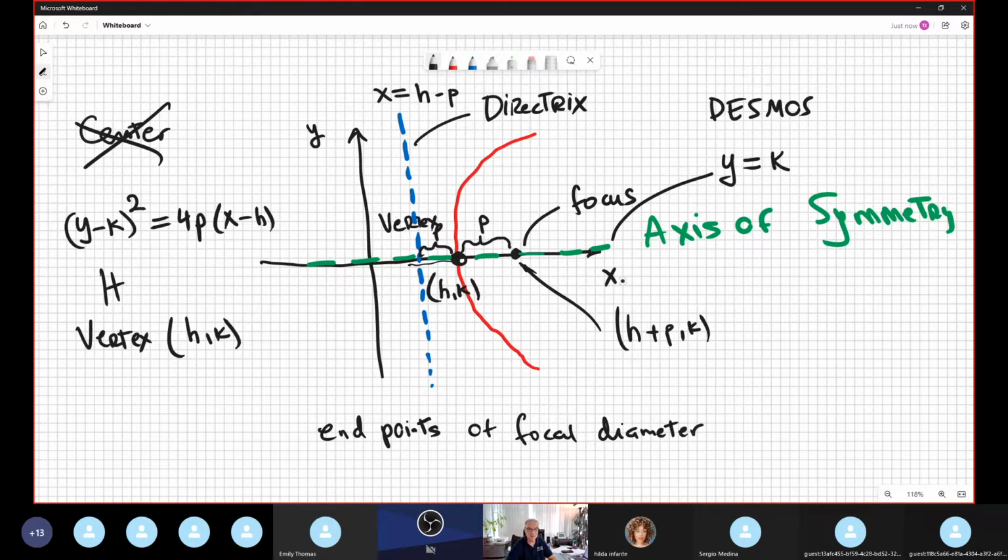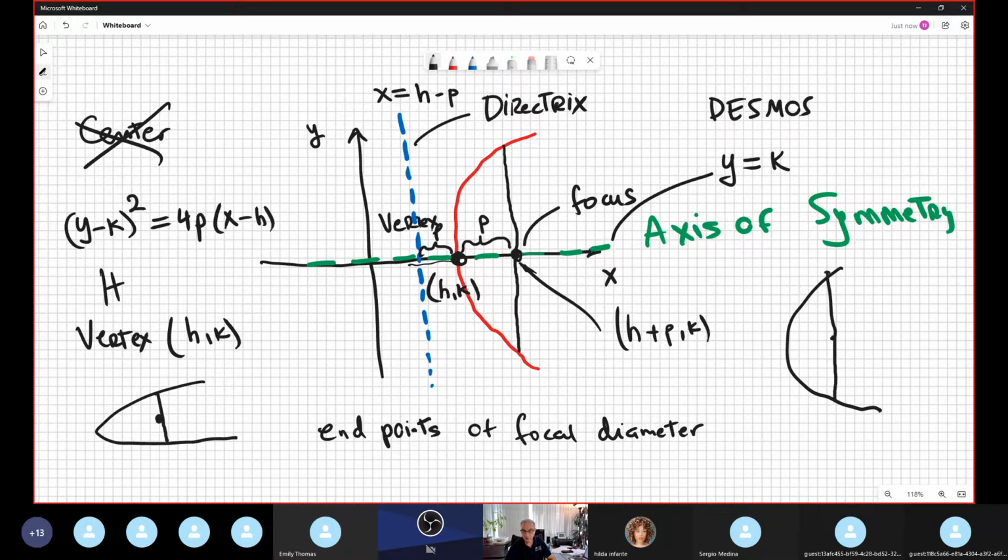And what is that? At the focus, you draw the line, and this is the focal diameter. And this gives me the information of how wide or how narrow my parabola is. So suppose one parabola like that, boom, this is the focal diameter. Suppose another parabola like that, boom, this is the focal diameter. And the endpoints of the focal diameter are this point and this point. In our sketch, this point and this point.